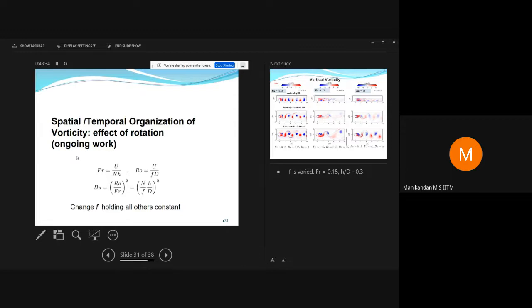So what we do is change f, holding all the others constant. In general, we don't want to change the topography very much, because those of you who do CFD know, and maybe even EFD, that the moment you change the topography, you get a different kind of flow.